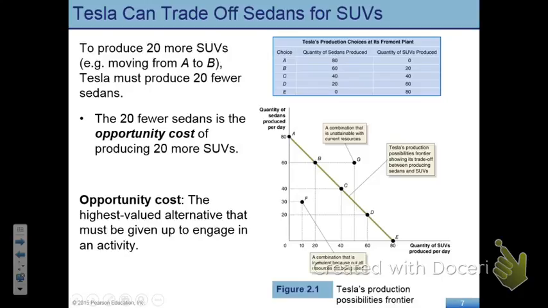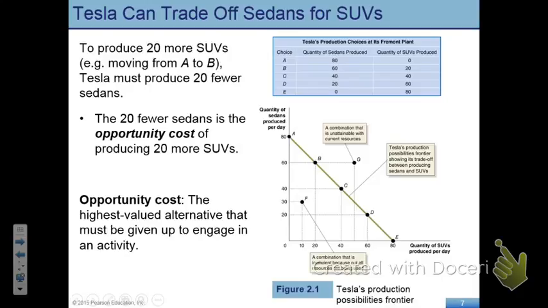This trade-off has a more formal terminology that we have seen in the previous class, which is called opportunity cost. Opportunity cost refers to how much you give up when you produce something. In this particular example, Tesla is giving up one SUV to gain one automobile and vice versa, right?